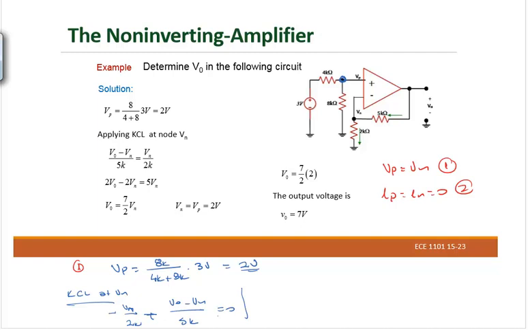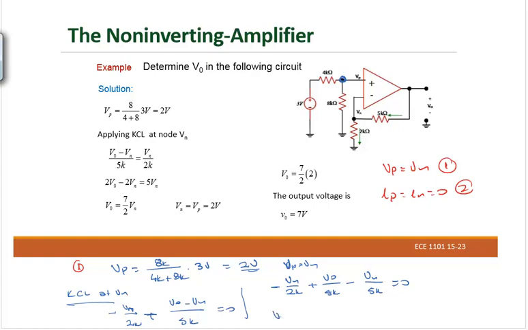Fine. So do we know Vn? Yes, because Vp equal Vn, right? So I can write the Vn and put the value right there. I'm gonna have minus Vn divided by 2K plus V0 divided by 5K minus Vn divided by 5K equals 0.